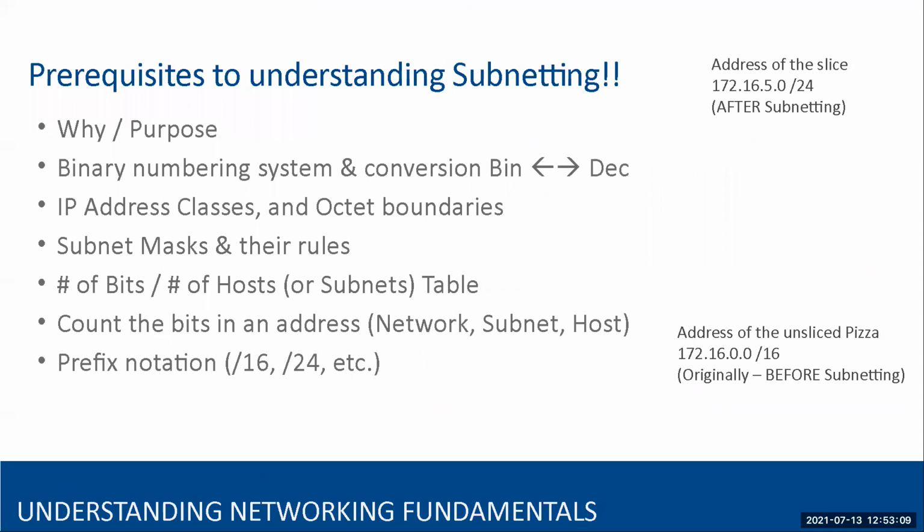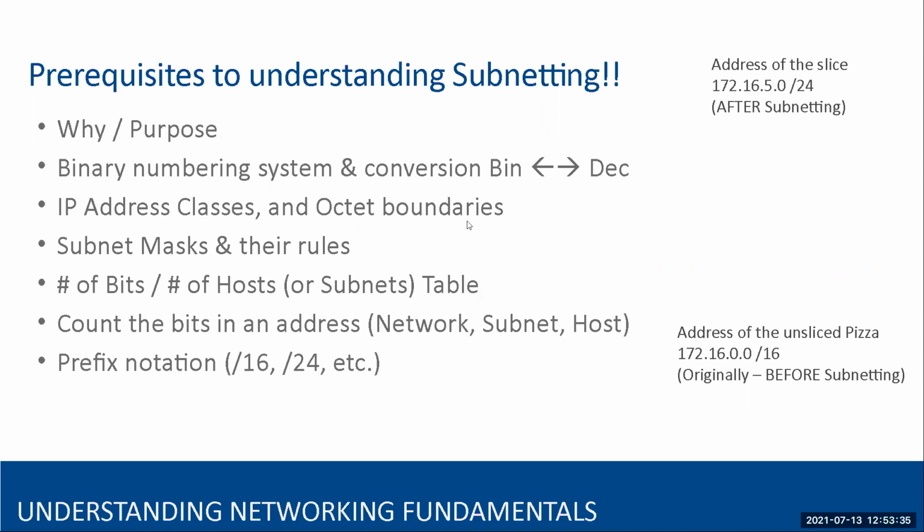That's why we would do subnetting. It also consists of running out of different resources. The ability to translate between binary and decimal is very important. The octet boundaries, subnet masks, a number of things become important in this. And I hope to give you just a taste of that.